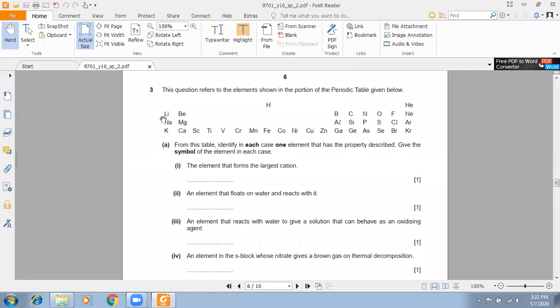There is a diagonal relationship between lithium and magnesium. Similarly, beryllium with aluminum. The first element of group 2 and the second element of group 3, that is aluminum, will have a diagonal relationship. Okay, so this will be the answer.